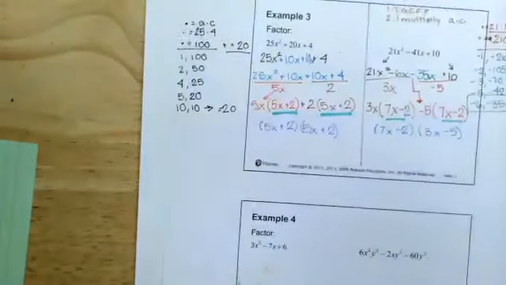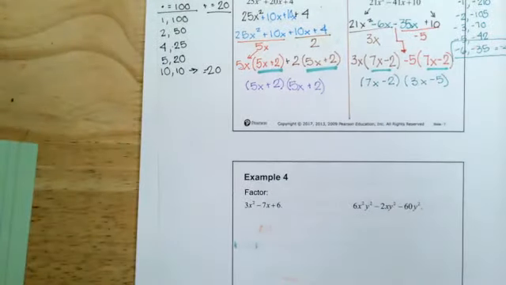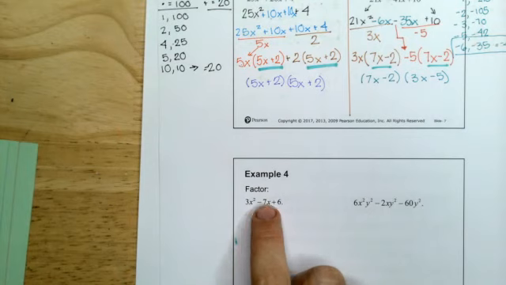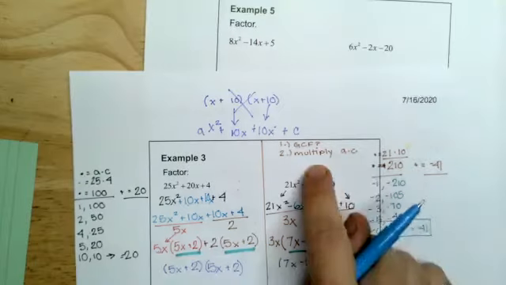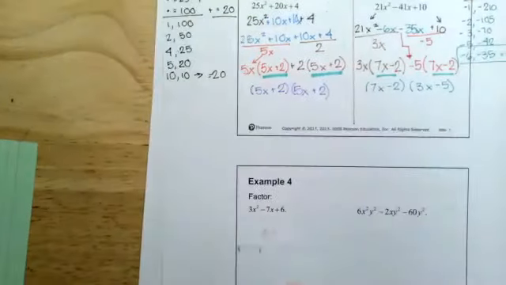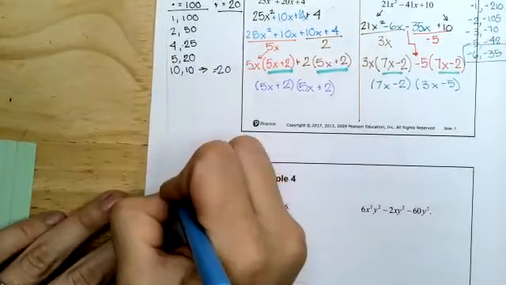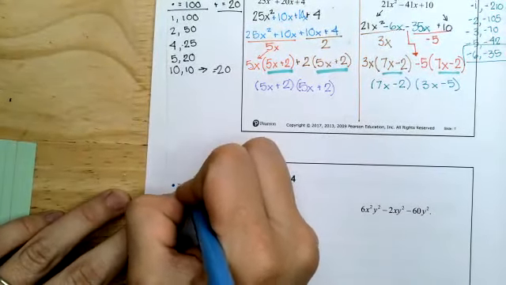Example, we'll keep going. Example 4. 3x squared minus 7x plus 6. So, is there a greatest common factor between the numbers 3, 7, and 6? There's not, right? So, what you want to do is multiply a times c. It needs to multiply to equal a times c.